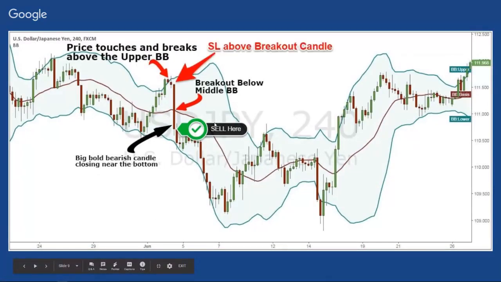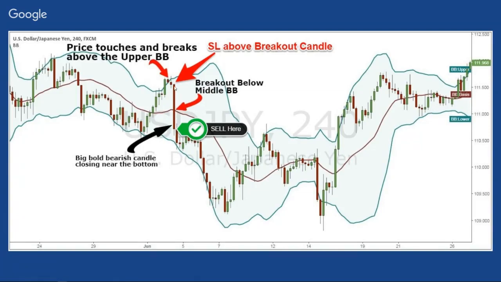Next step, once you've entered the trade, put your stop loss a few pips above the breakout candle, maybe 5 to 10 pips. You want a little bit of a fudge factor, as I say, in case price pushes up. But if you think about this, you're looking for downward momentum. You're looking for a lot of momentum, and that's what this candle represents here.